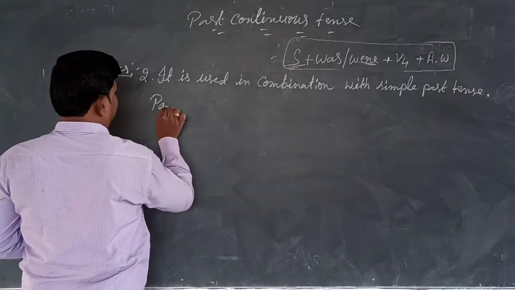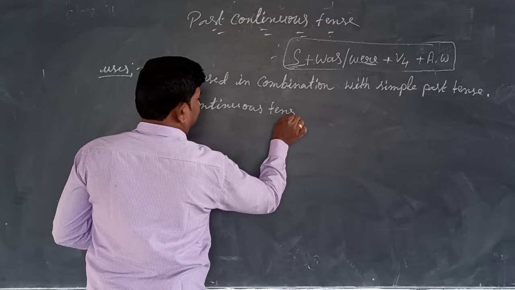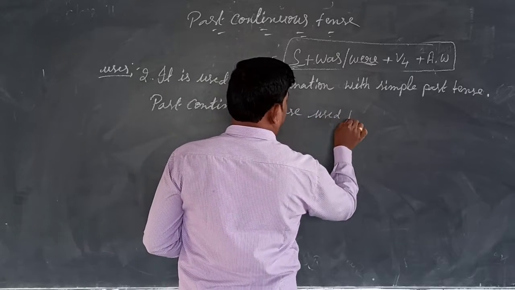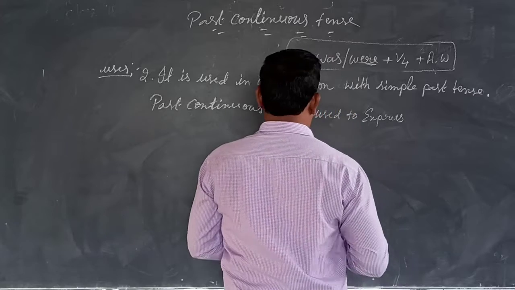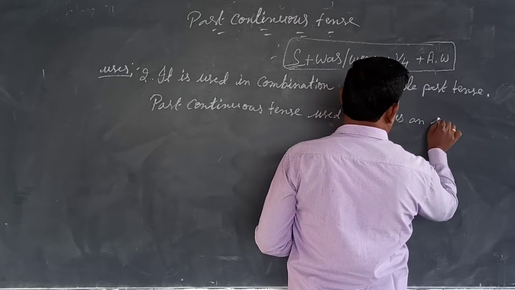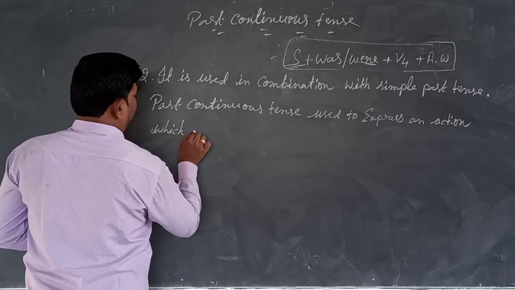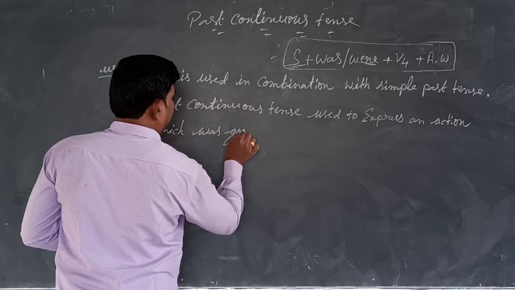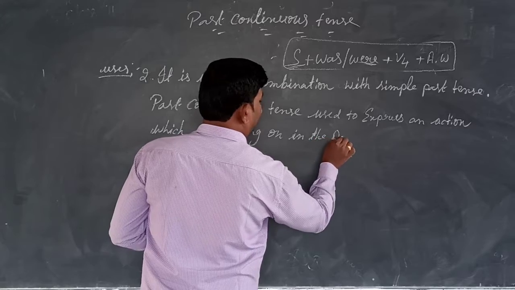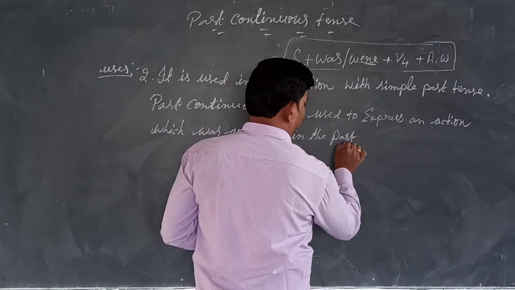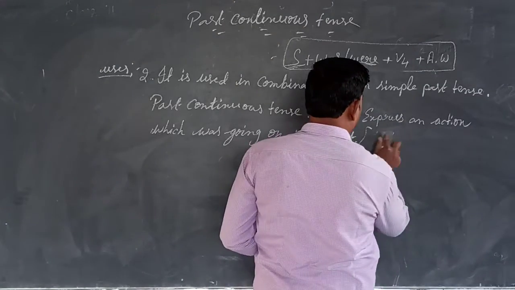Past continuous tense is used to express an action which was going on in the past. So this is a long action.